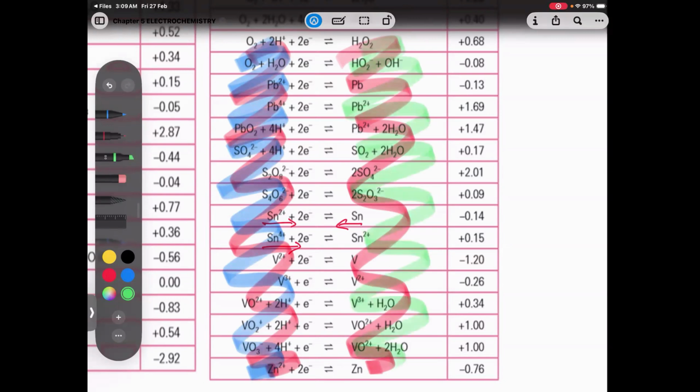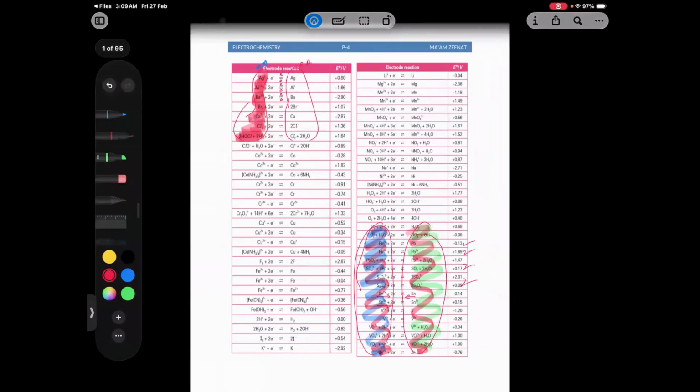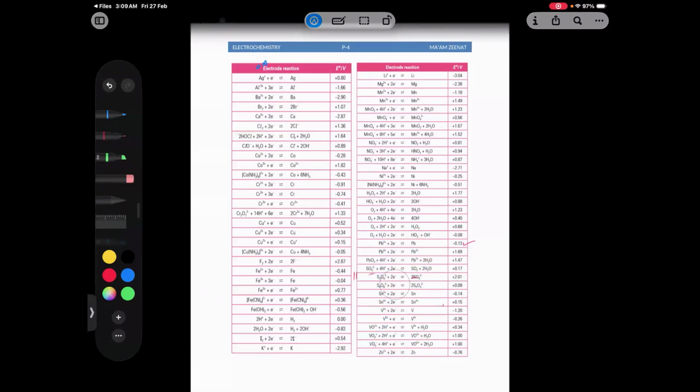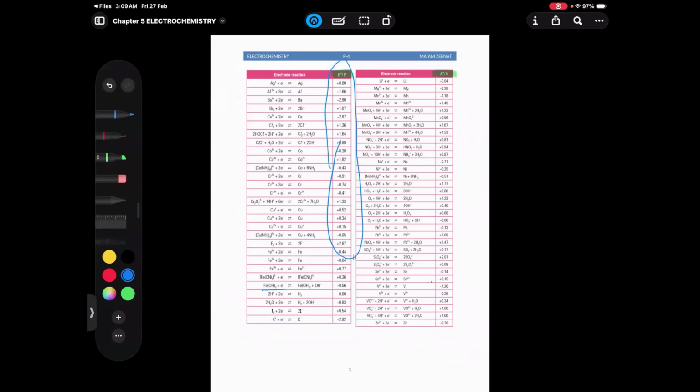But how do I know which one is a stronger oxidizing agent, and which one is a stronger reducing agent? From these E naught values. These are called electrode potential values. All these electrode potential values are measured relative to the standard hydrogen electrode. This is the reference electrode.